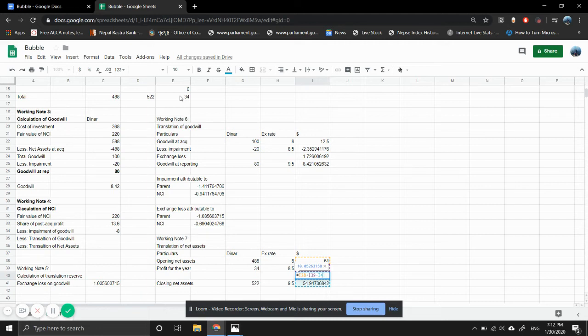Should be in minus. What we can do is this minus this minus this, right? Exchange loss, right?